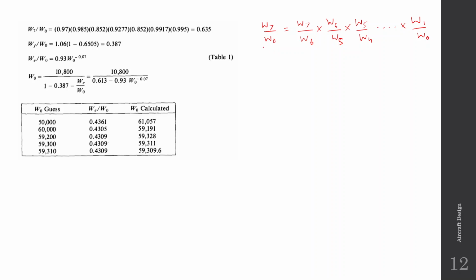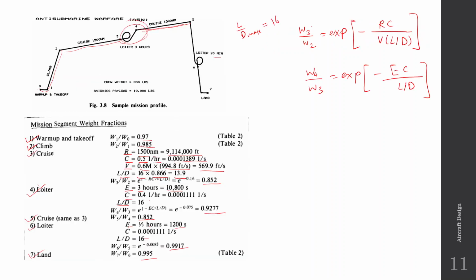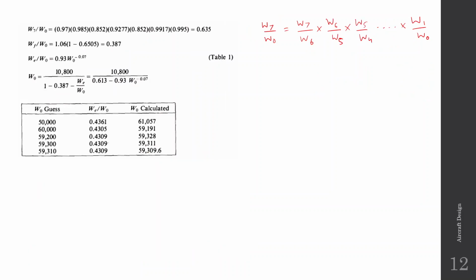Now why are we doing this? Right till now we have estimated the fuel fraction for each segment of the flight, and now when we multiply them we get the fuel fraction for the entire flight. So this is the fuel fraction for the entire flight from takeoff to landing.